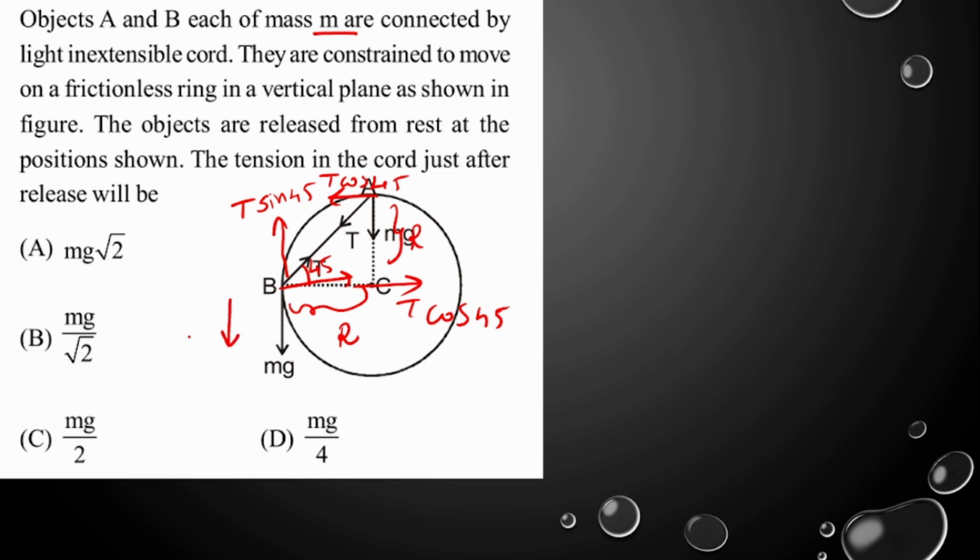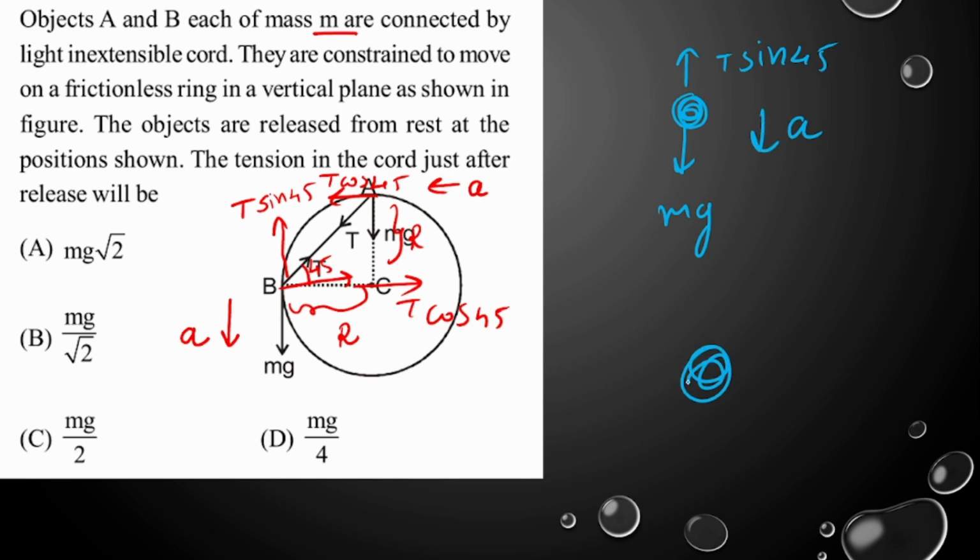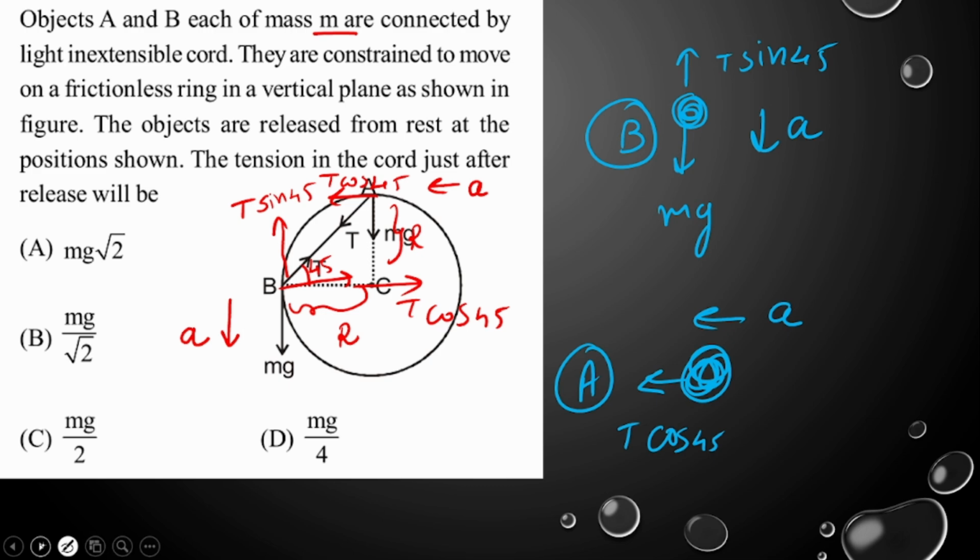Acceleration of this point B is a, and in the same way the acceleration of point A will be a. So for point B, we have mg and T sin 45, and for point A, in this direction we will have T cos 45, and acceleration will be in this direction, which is a.